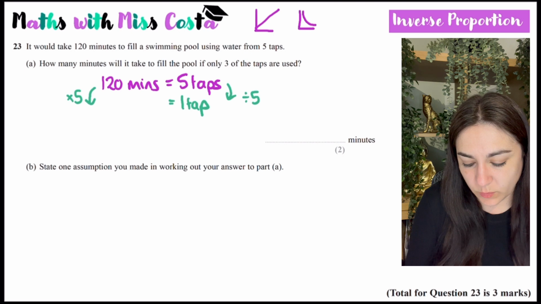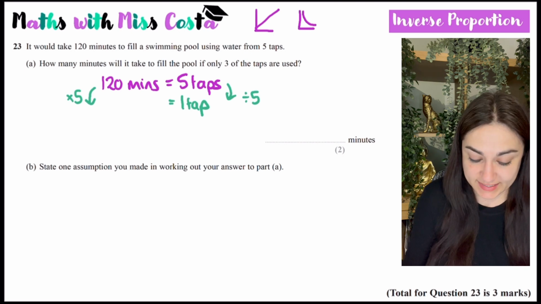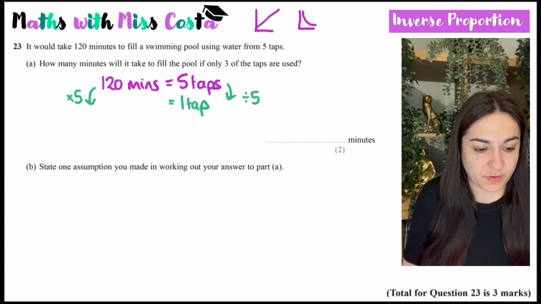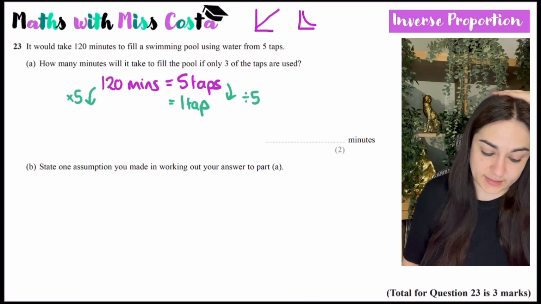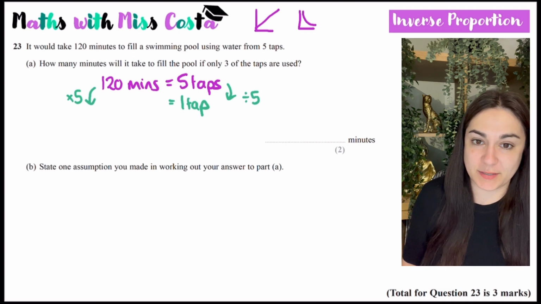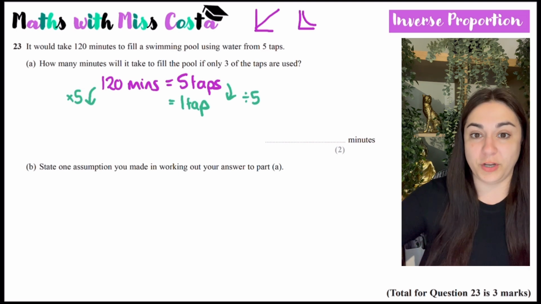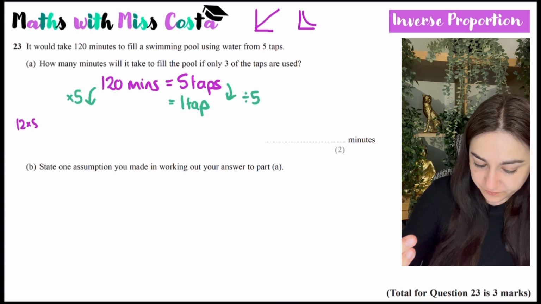Or as one quantity increases, does the other quantity decrease? So for instance, if there were more taps filling up the swimming pool, we'd expect the time to be less because more water is coming in, so the volume is getting filled up quicker.